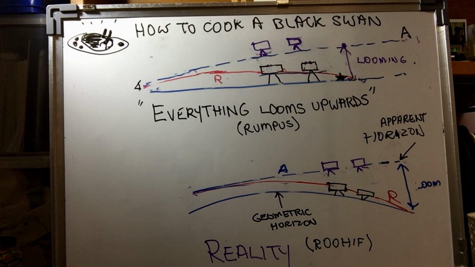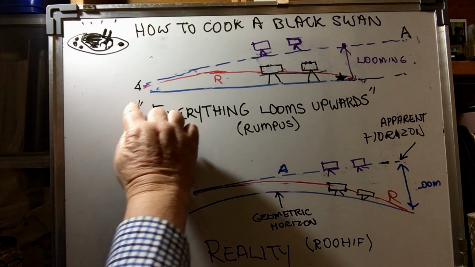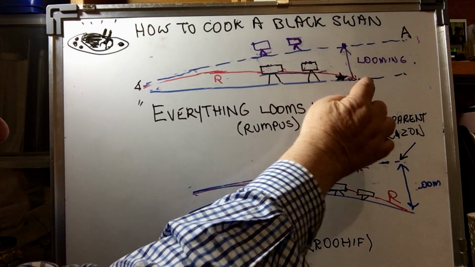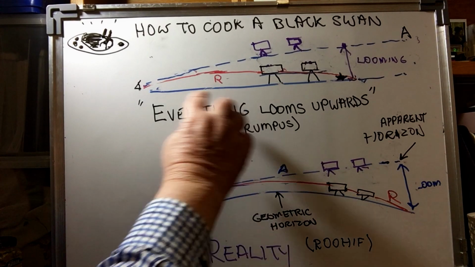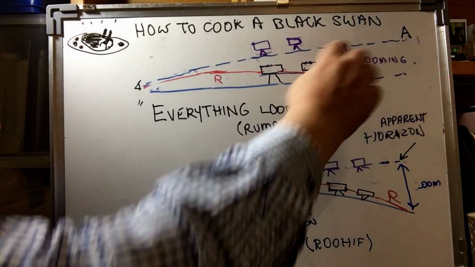That's how that works. Now, looming happens on a flat earth, just like it does on a curved earth. It happens because the physics of light going through different media bends. It doesn't matter whether it would be a flat earth or not a flat earth. So, the looming happens.